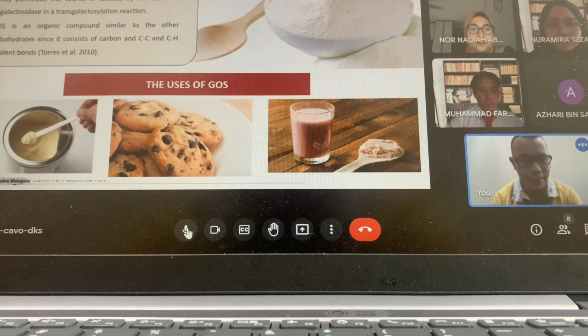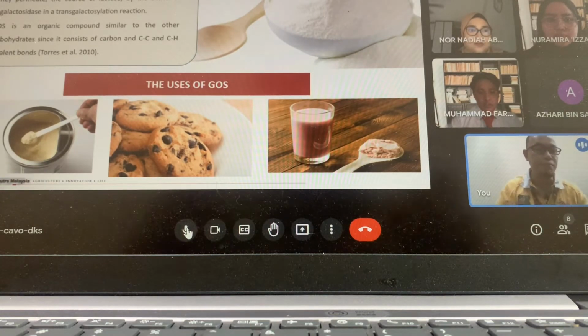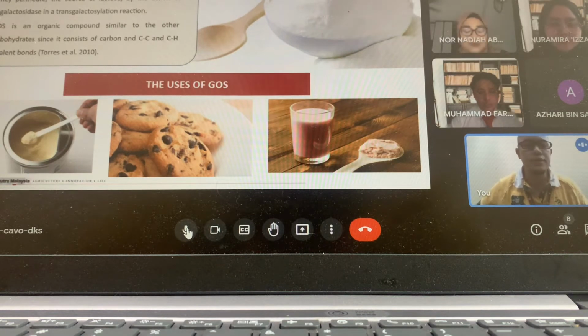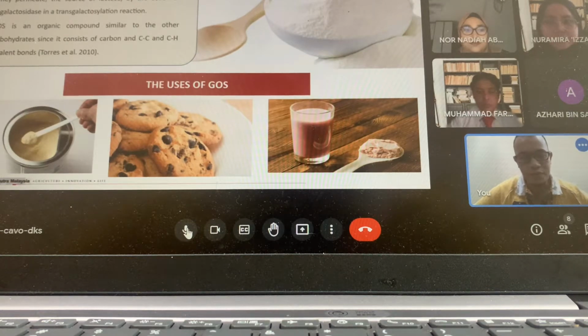Your market is looking for infant formula, and it can also be used in ice cream and so on. What is the benefit? If I was a customer, what is the benefit of ghost powder? Can anyone explain the benefit of ghost powder?